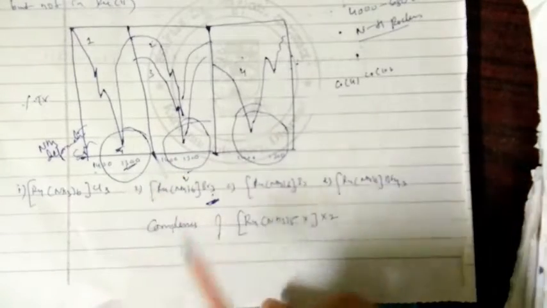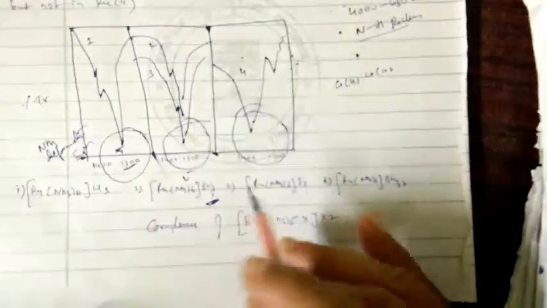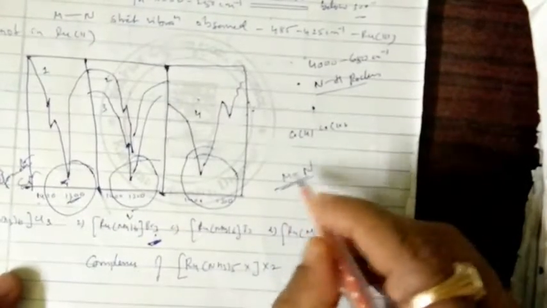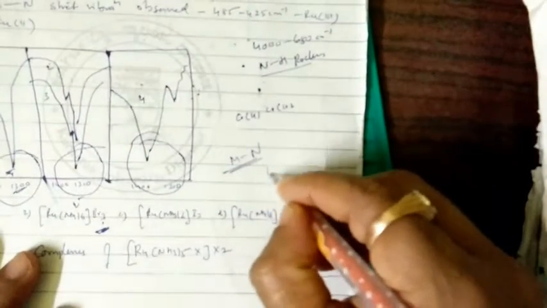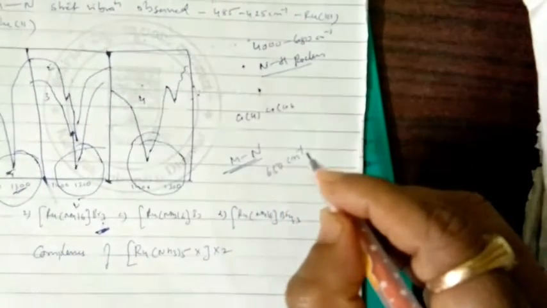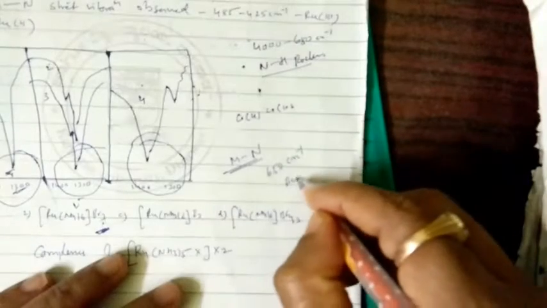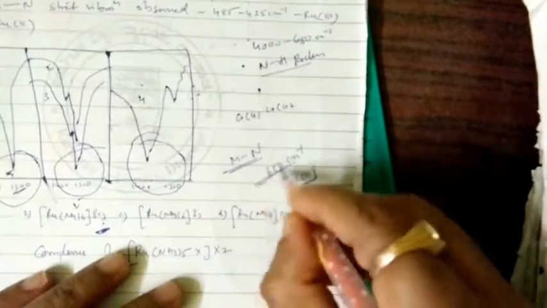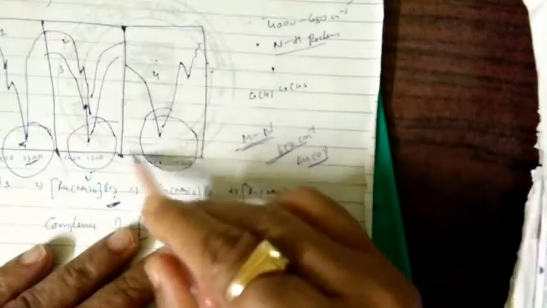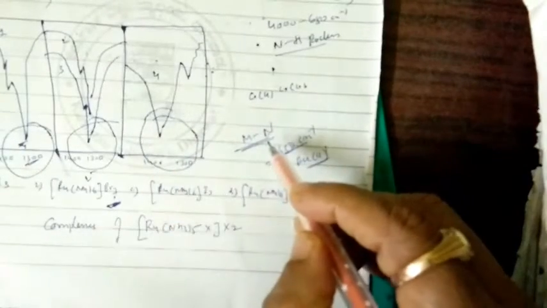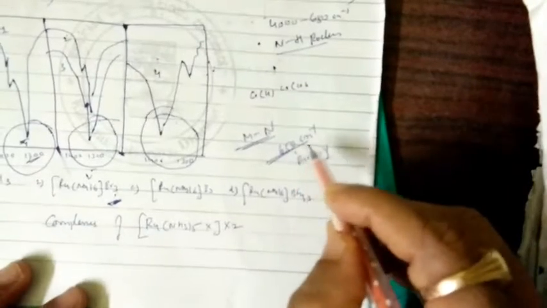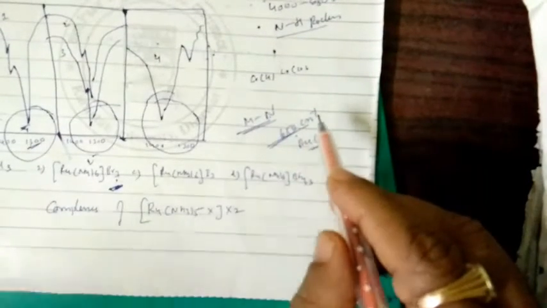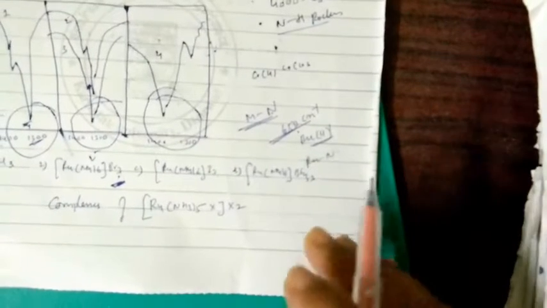Now the metal nitrogen stretching vibrations. Metal to nitrogen stretching vibrations were expected to occur below 650 per centimeter for ruthenium 3 complexes, the ruthenium nitrogen stretching vibrations.